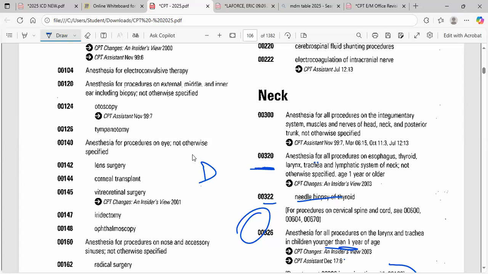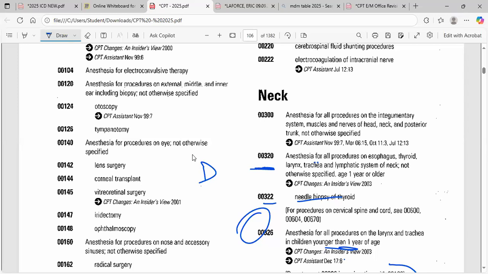Ma'am, can you repeat once? Yes. As I told you, anesthesia time starts when the anesthesiologist starts preparing the patient, and the anesthesia time ends when the anesthesiologist leaves the anesthesia room. So, in our question, the anesthesiologist starts preparing the patient at 9 a.m. and leaves the room at 10 a.m. So the time should be 1 hour.